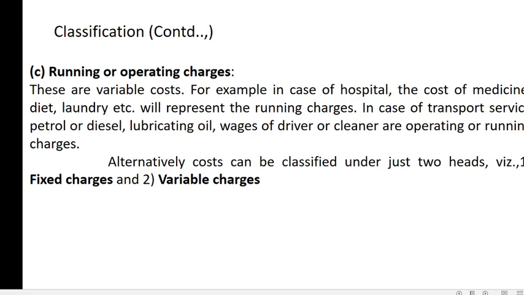For example, wages of drivers, if it depends on the actual distance covered or service rendered, will be treated as variable cost. But if it is fixed, irrespective of the actual operation, it will be treated as fixed charges.